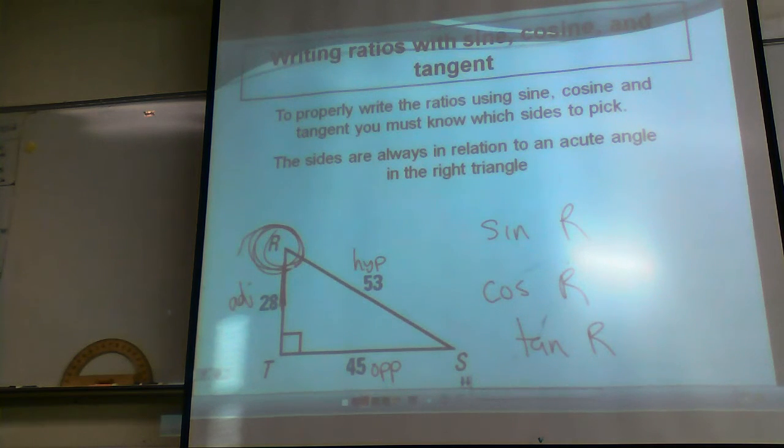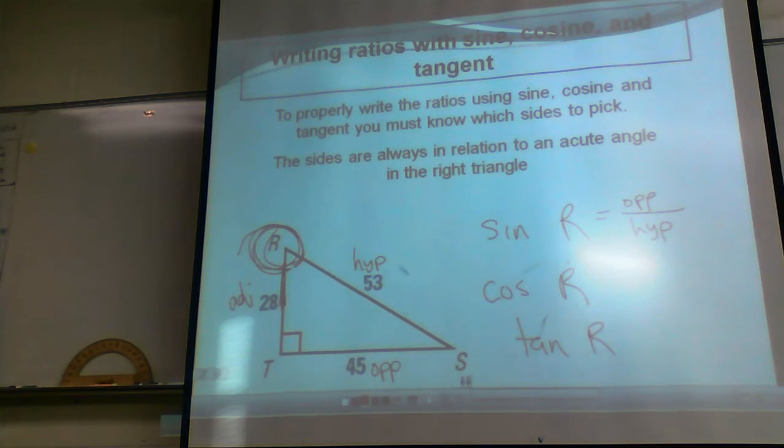So that when I go to write these out, all I need to do is write what the ratio is in words, and then just replace the words with the numbers. Okay? Such as, by definition, sine equals opposite over hypotenuse.